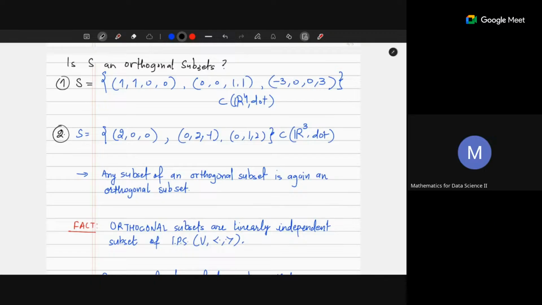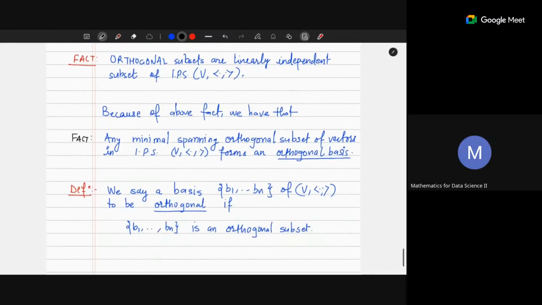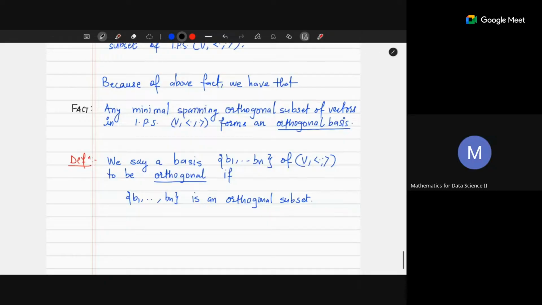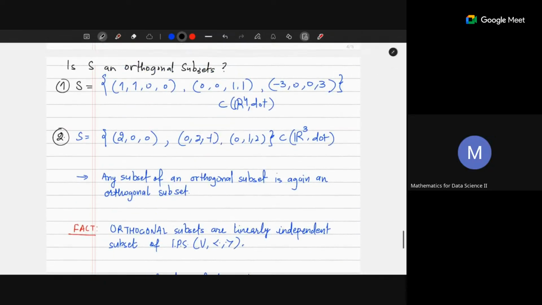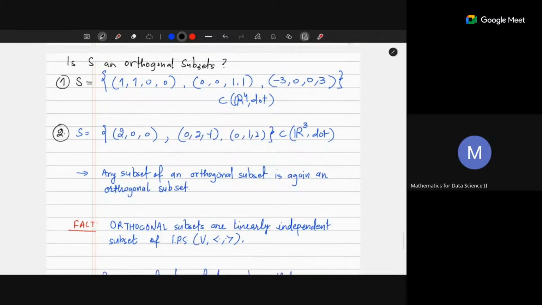But in our case, we have shown that it is linearly independent because they are orthogonal, and we have three vectors in R3. So it should be a maximal linearly independent set. That's why they form an orthogonal basis. So the subset in option 2 is the orthogonal basis.